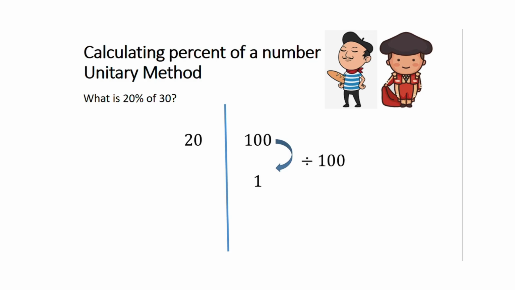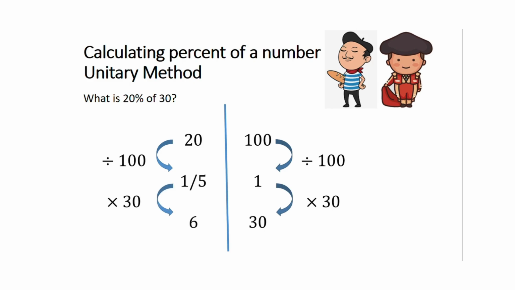And that means on this side, I also have to divide by 100, and I get 1/5. Then I want 30, not 1. So here I'm going to multiply by 30, which means over here I have to multiply by 30, and I get 6 out of 30. That's the unitary method. So 6 is 20% of 30.